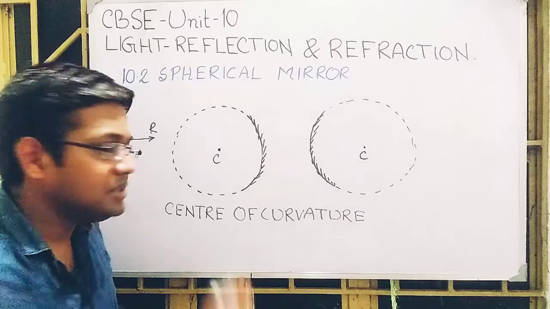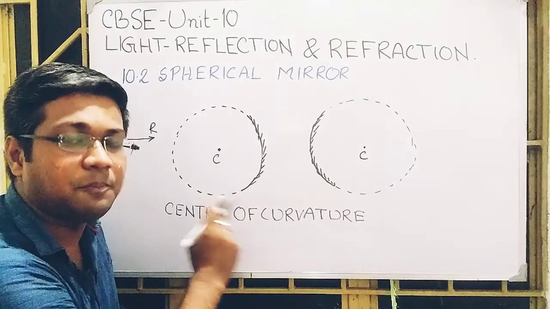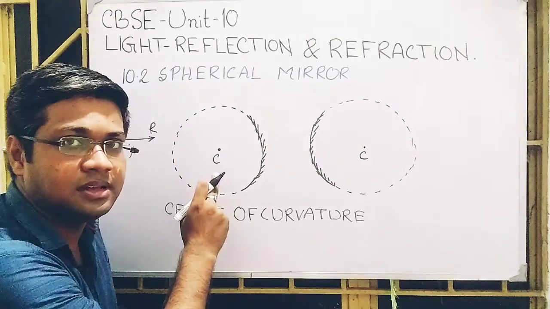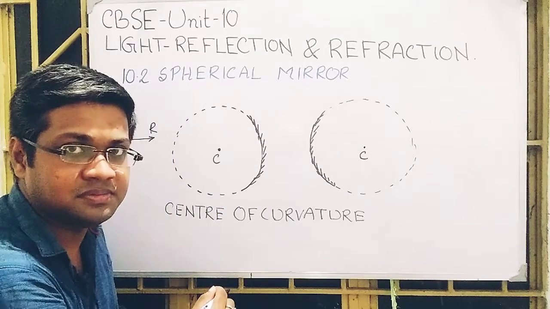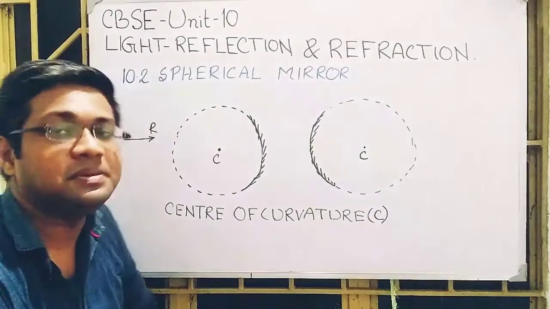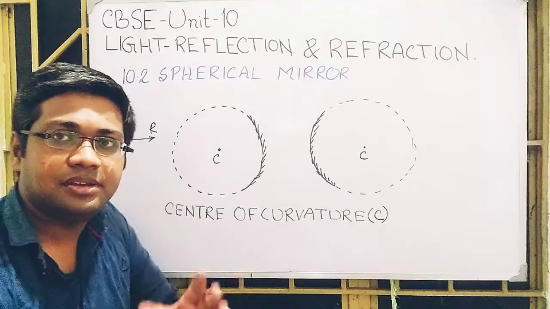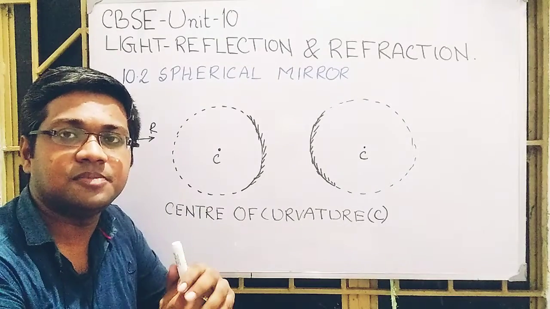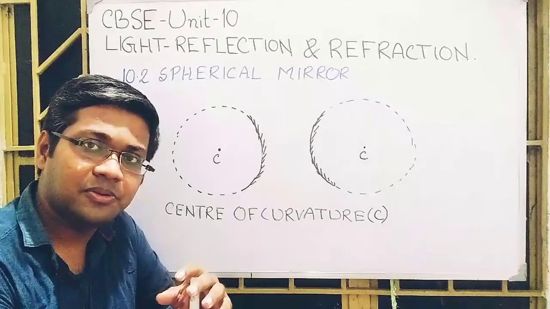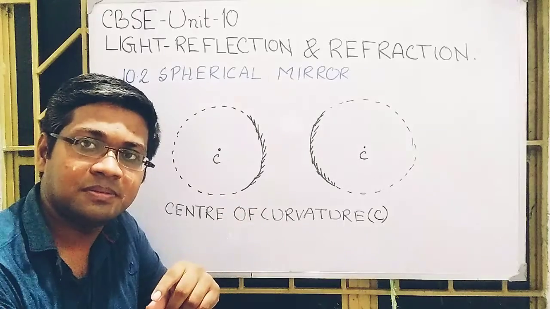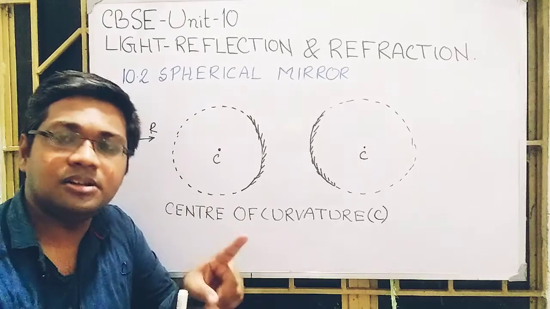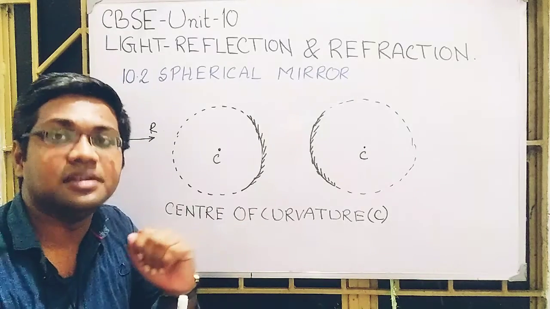These two spherical mirrors are parts of spheres, and the center of this sphere is called the center of curvature. So here the center of curvature can be denoted by capital C. How can we write down the center of curvature? We can say the mirror which is a part of a sphere, the center of that sphere is called the center of curvature of the spherical mirror.